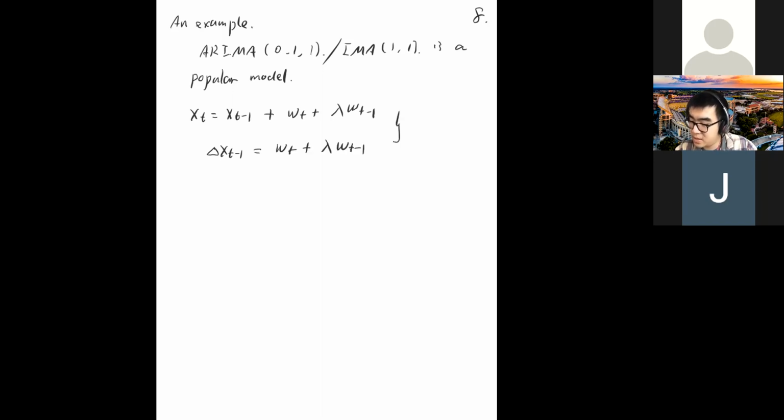So that's the ARIMA(0,1,1) or IMA(1,1). Why is this model very popular? It's very popular in finance, especially in the stock market. Why is it popular? Because this model is very easy for forecasting.